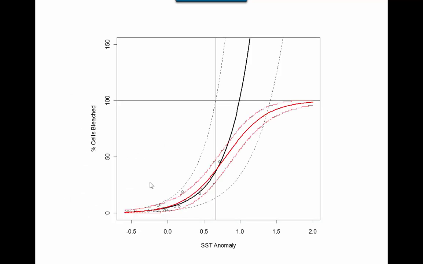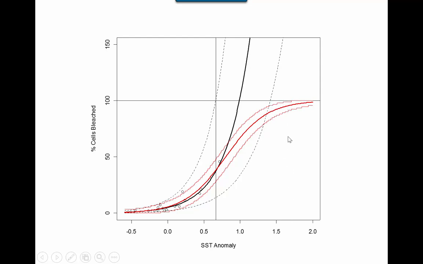If we go back to the bleaching example and refit our observations as if they're binomial observations now, which they are in fact, and then extrapolate with our model, we now get quite a different expectation. Now the red line shows us what happens when we extrapolate, and these again are prediction intervals.